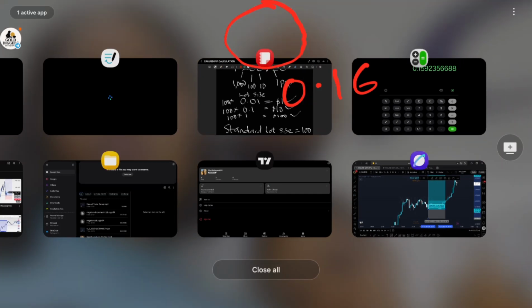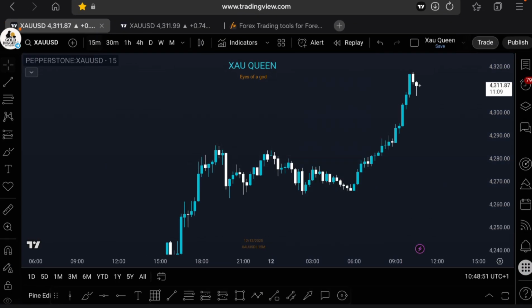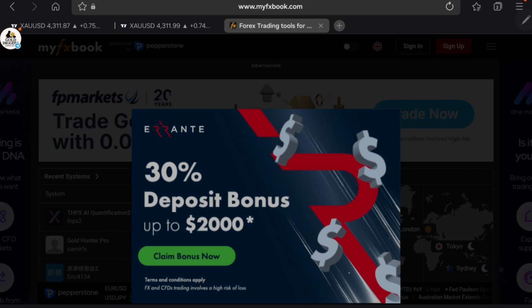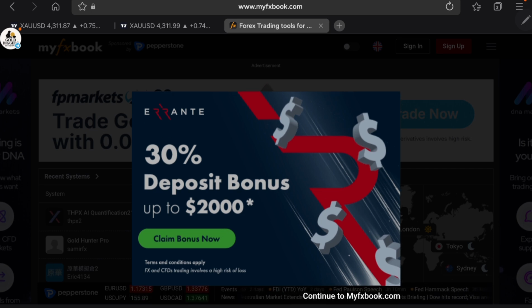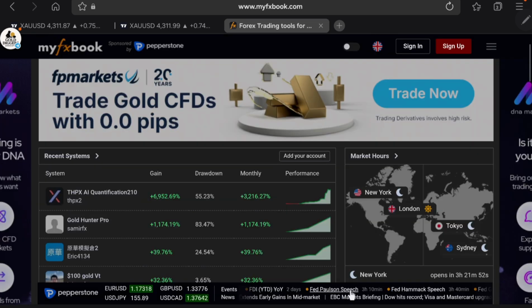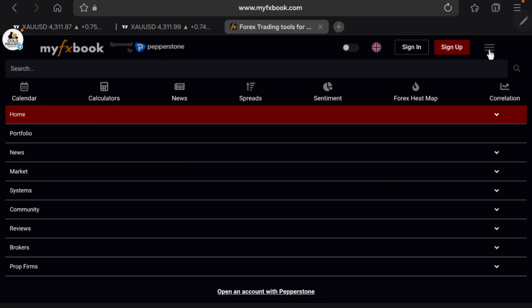Another way to calculate your lot size is by using FX Book. If you go to this site, just type myfxbook. You see this pop up, you click on continue. All right, so you will tap on this icon, this guy right here, for it to open.